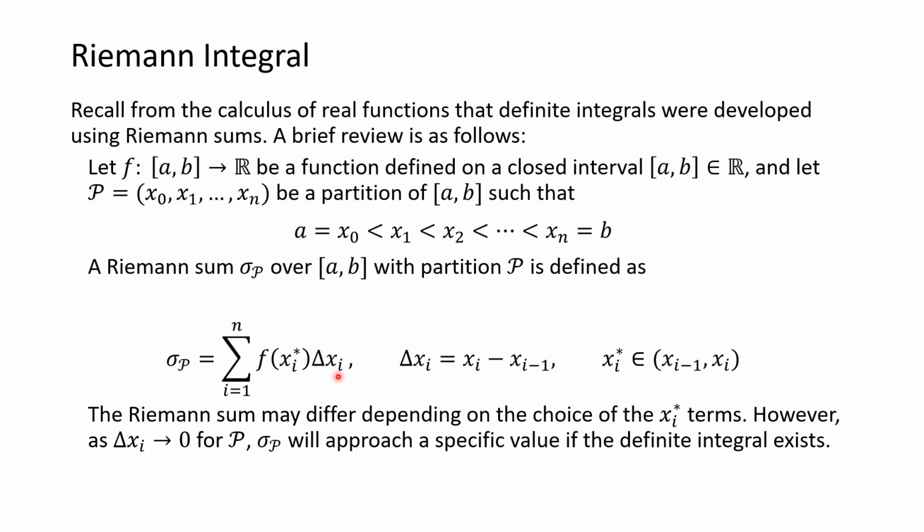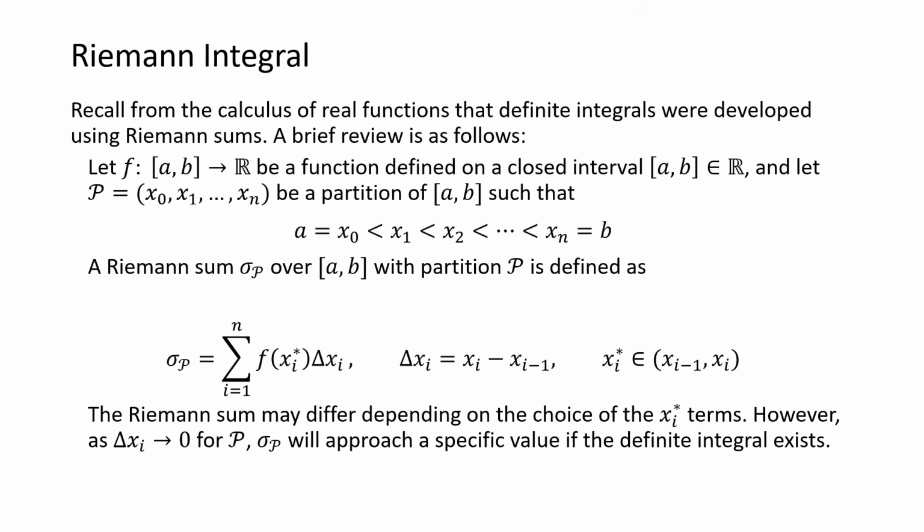It's basically the width of the rectangle, the difference between any two of these x's, times f evaluated at some point in the interval. And the idea is that as you take the limit of these sums, as the delta gets smaller, if the integral does exist, then you'll approach a particular value. I have a picture of this in the next slide, which may help refresh your memory from calculus.